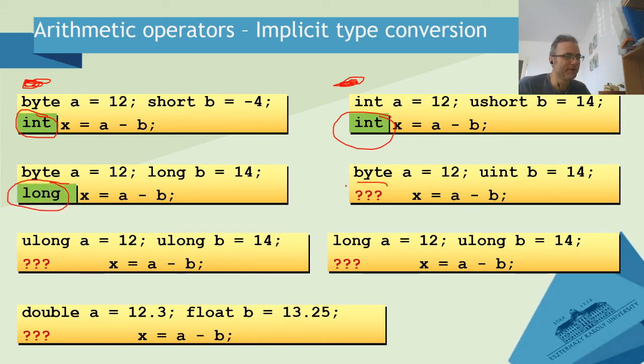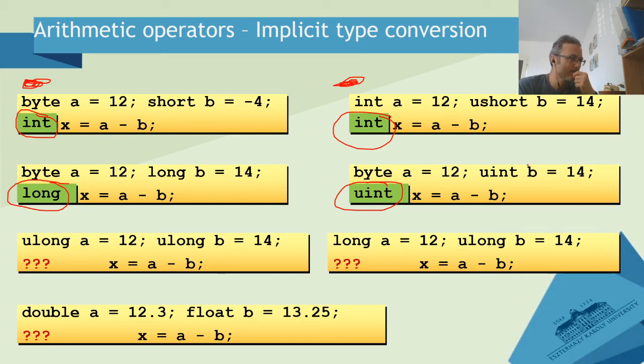How about this one? uint. Why? Do you have any doubts? The value is not too big. What is the value in this case?